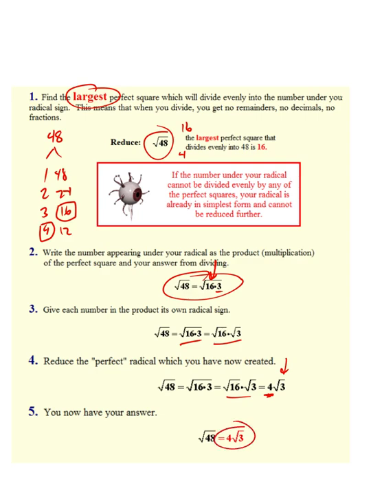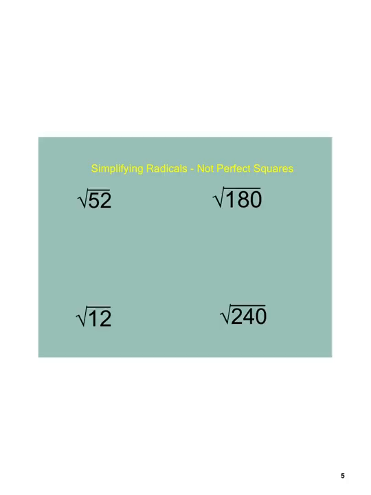So our final answer is 4 root 3. Root 3 is a value slightly over 1 but not quite 2, so we again have an idea of where this is. And it's simplified in that we have the 4 out of it.